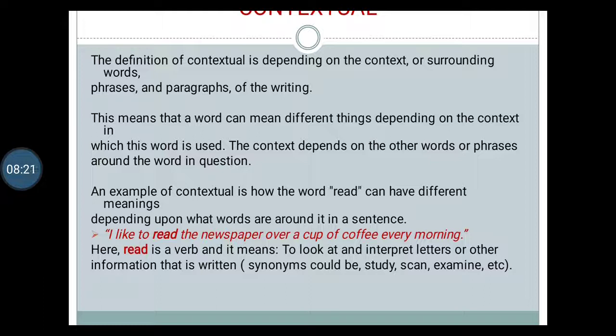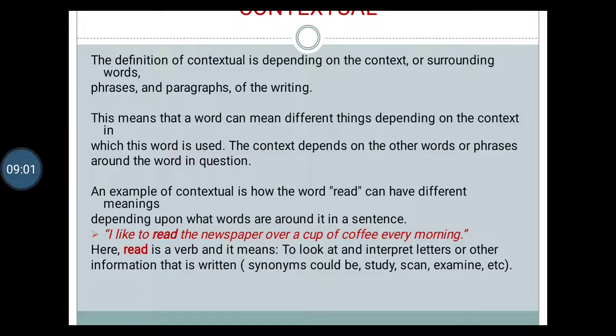I like to read the newspaper over a cup of coffee every morning. Now, read in this particular sentence is a verb and it means to look at and interpret letters or other information that is written. So when you are reading the newspaper, you are actually looking at it and interpreting the letters or other information that is written.